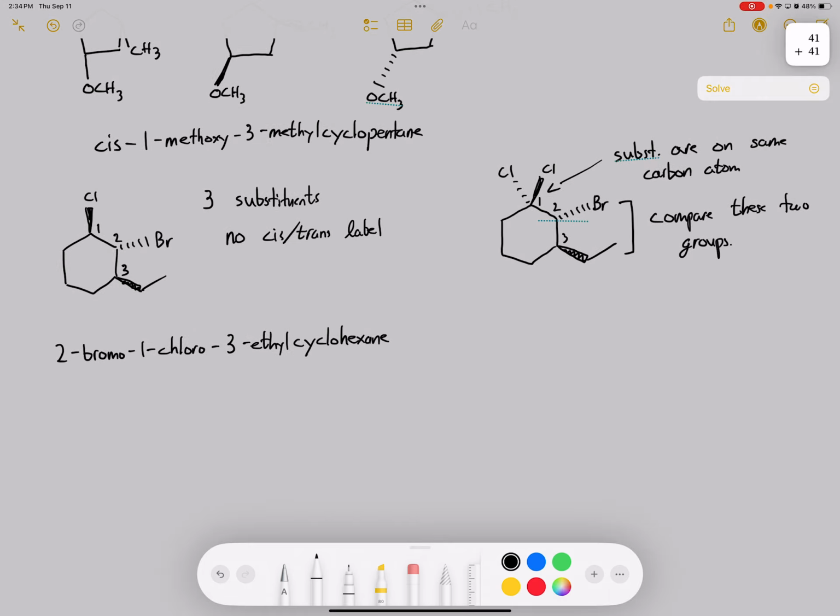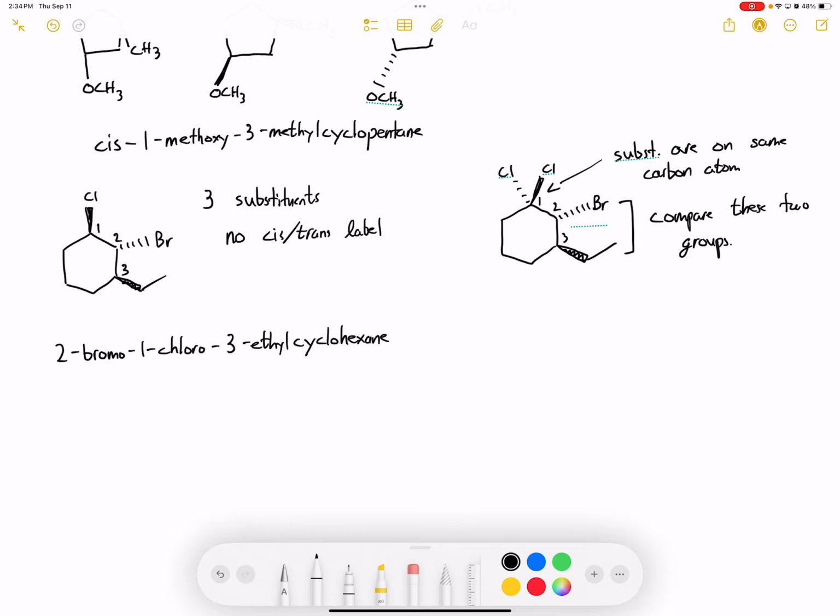It's like saying, what if those chlorines were just hydrogens? Since they're the same, you can ignore them, because they're on the same carbon atom, even though there's 3 different substituents there. So we're looking at bromine and the ethyl group. What's their relationship? Cis or trans? Yep, you got trans.